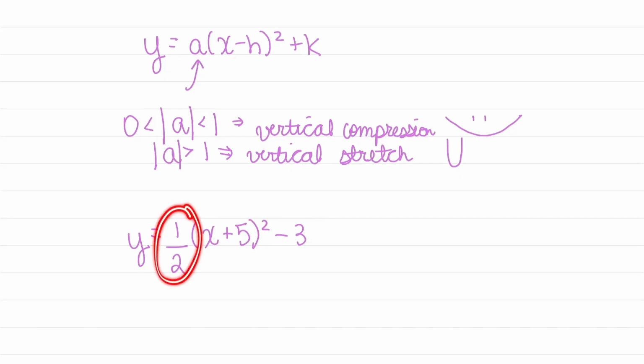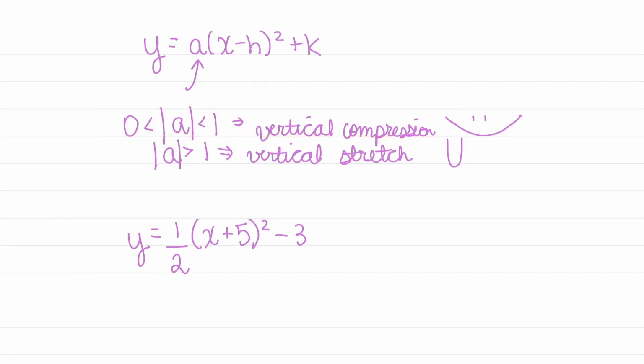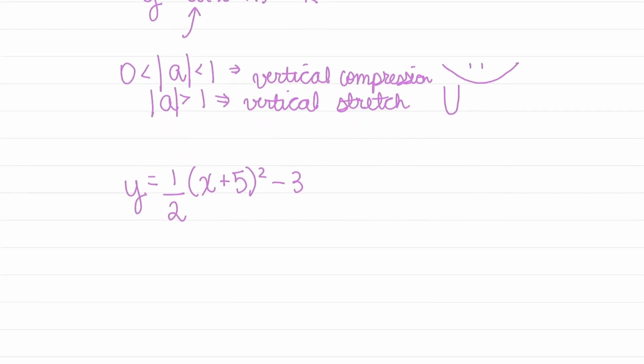Now this half out here falls within this range between 0 and 1, and that means that it's going to be compressed. So our parent function, we're just going to sketch it, is going to start off at the origin. We have a shift to the left 5, 1, 2, 3, 4, 5, and down 3, 1, 2, 3.